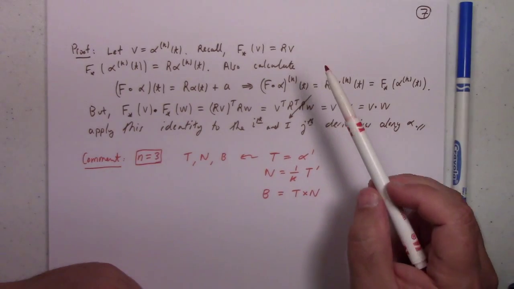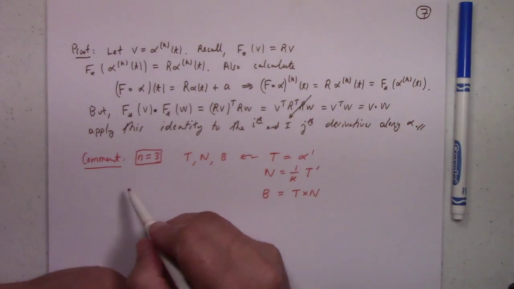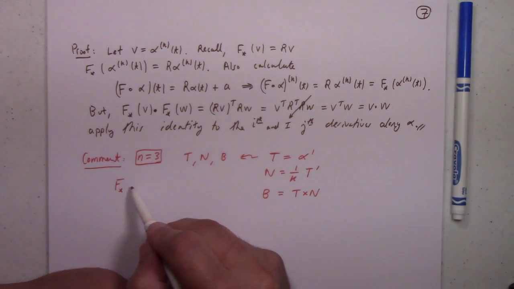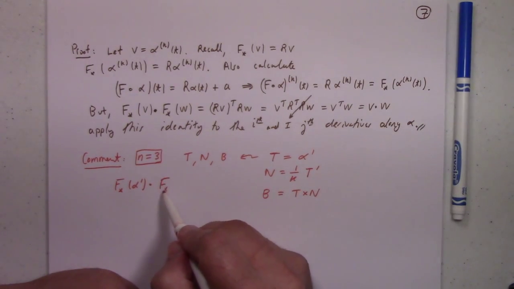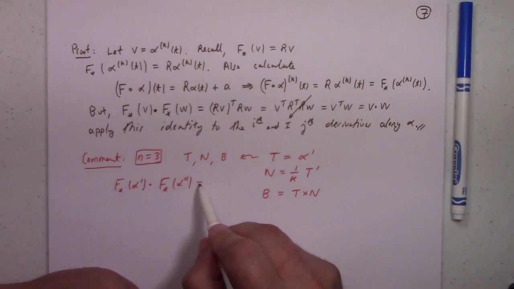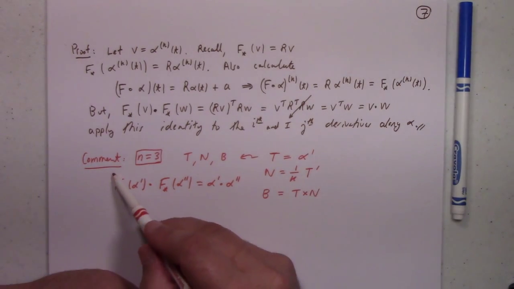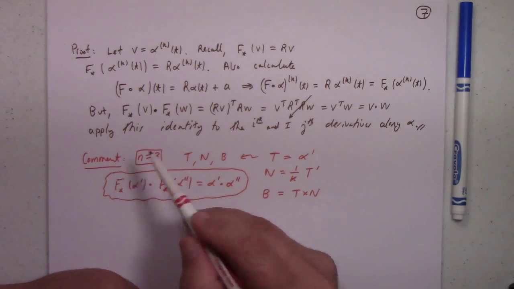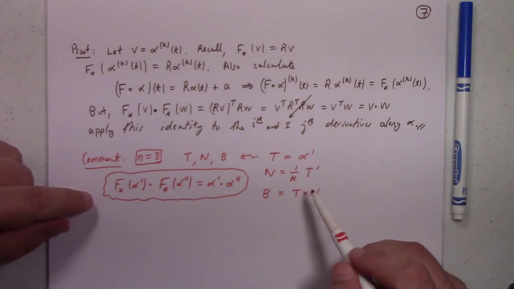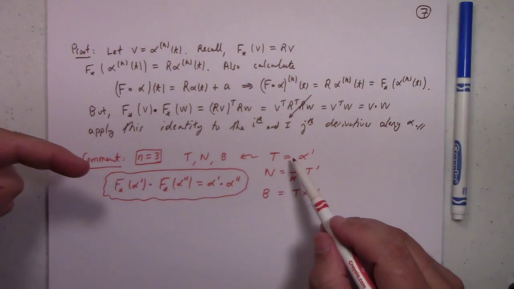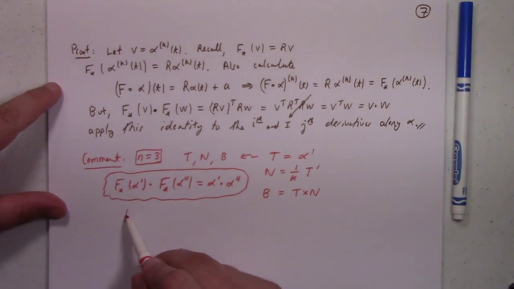And so, if we have an isometry, and it preserves the angles between, like, the isometry push forward of the velocity dot the isometry push forward of the acceleration, that's going to be the same as the velocity dot the acceleration, for example. And so that means that the relation between T, N, and B for alpha is going to be the same as the relation between T, N, and B for f composed with alpha.